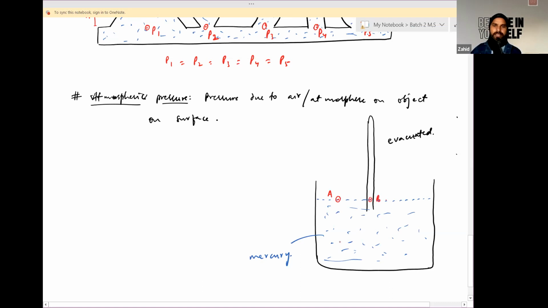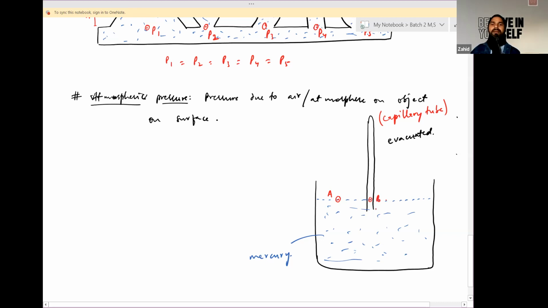I have taken mercury in a container and placed a capillary tube inverted, which is evacuated initially. A capillary tube is a tube which is very thin in diameter. Now, if I ask you to define pressure at point A and point B, are they equal in magnitude or will they be different?